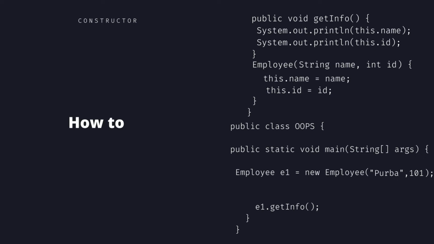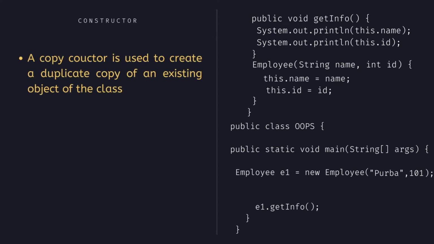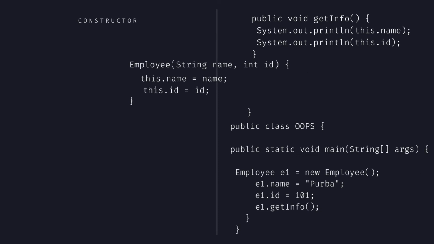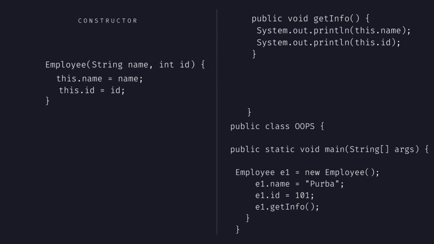Okay, now let's see how to create a copy constructor in Java. A copy constructor is a special type of constructor that is used to create a duplicate copy of an existing object of the class. So first of all, we need to create a constructor and then pass an object of the same class as a parameter, and here I have given E2 name of the class.